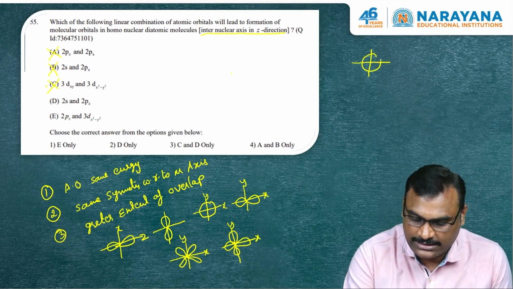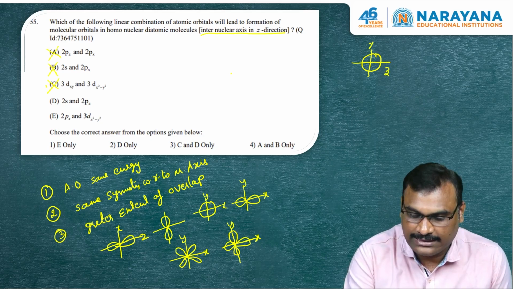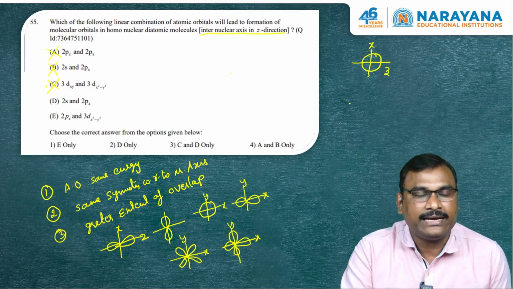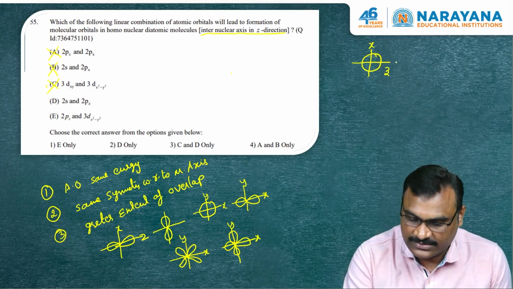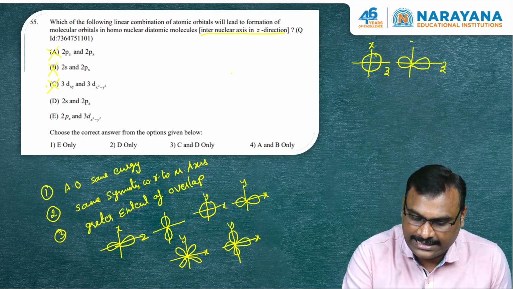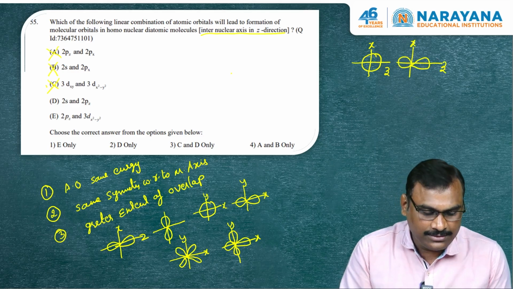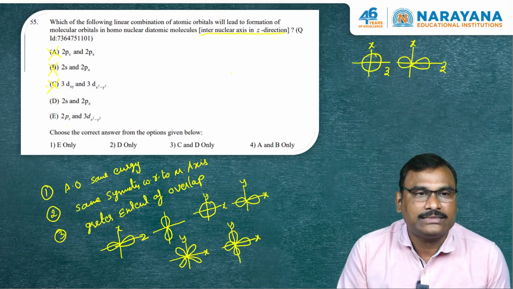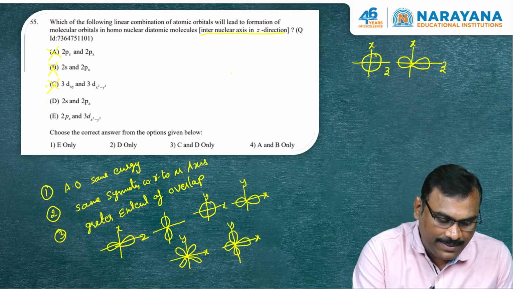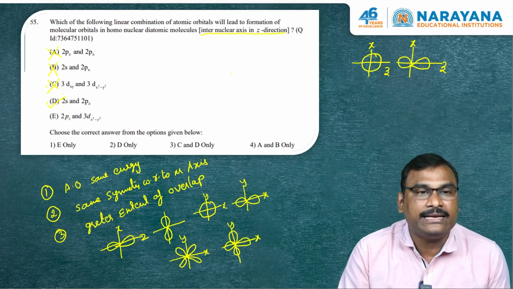You see, students, 2s, let us consider this as the z axis and this as the x axis, and the perpendicular one should be the y axis. Now 2pz, let us say along the z axis and x axis. Yes, this 2s and 2pz have the chance to overlap or intermix, that is, combining capacity.